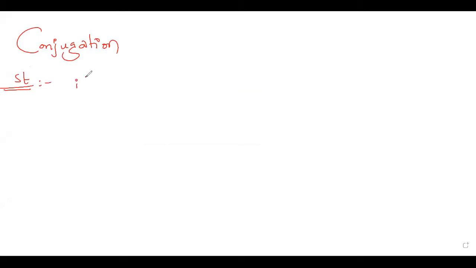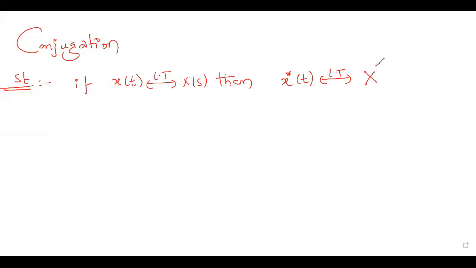Statement: if the Laplace transform of x of t is X of s, then the Laplace transform of x star of t is capital X star of s star. Okay, the Laplace transform of x star of t is X star of s star. Let us see the proof.